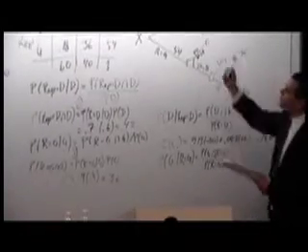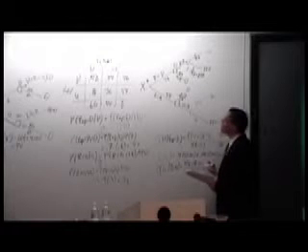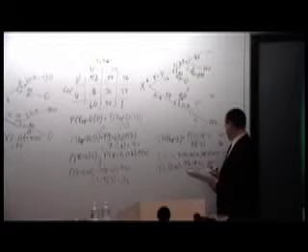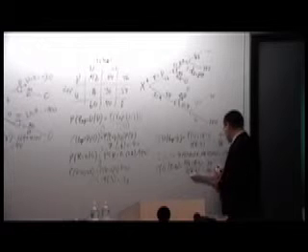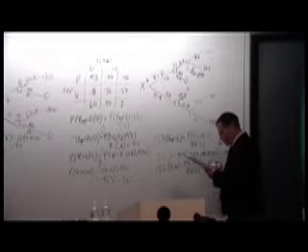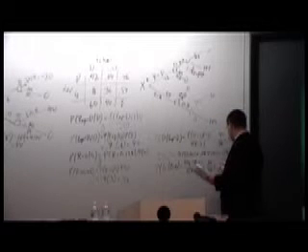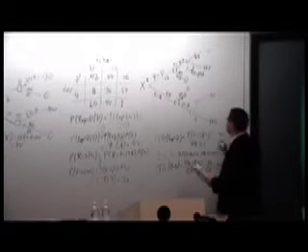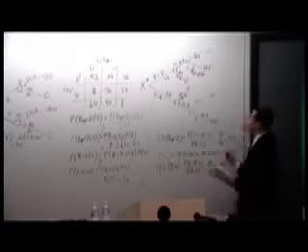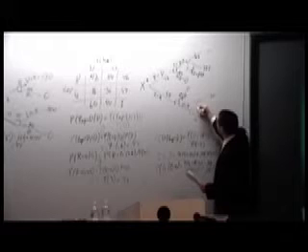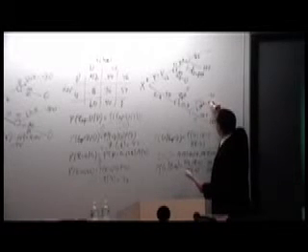That is 0.36 divided by 0.54, or 0.667. So again, we find that this is 1 minus 0.667, or 0.333.